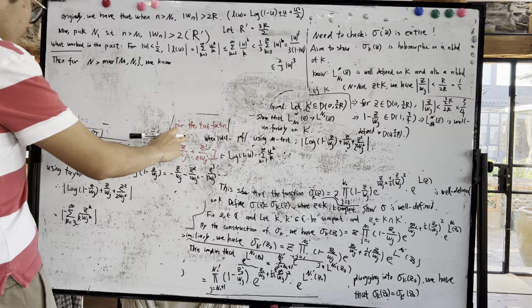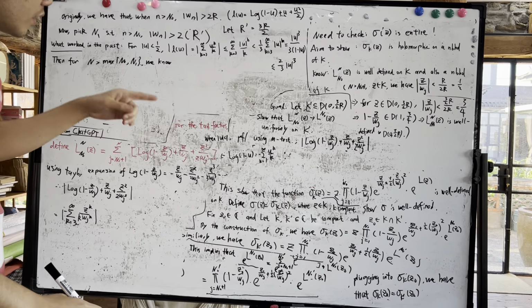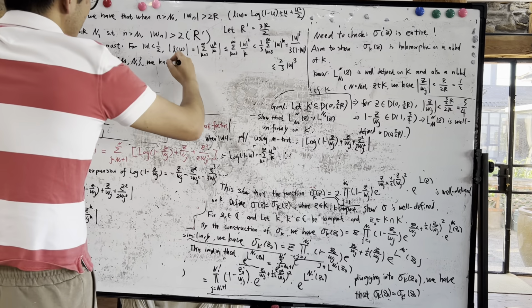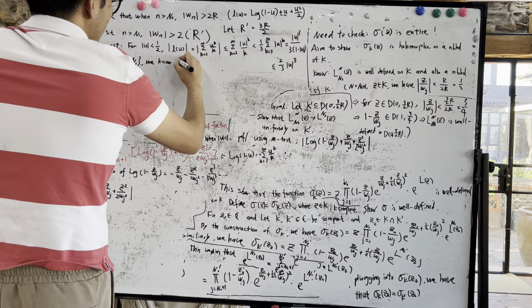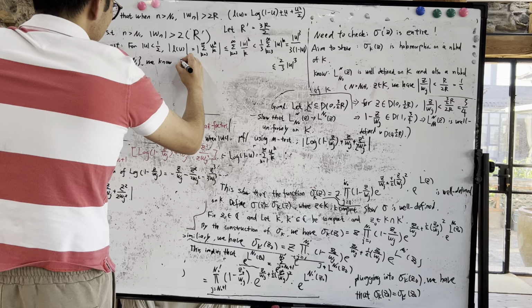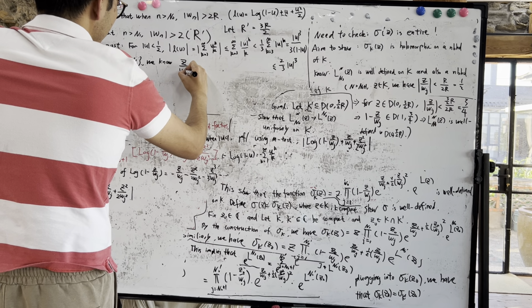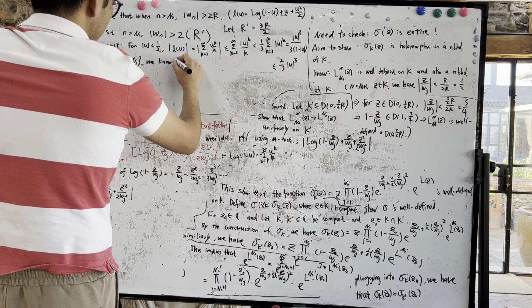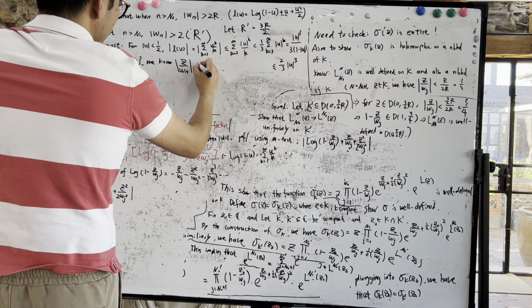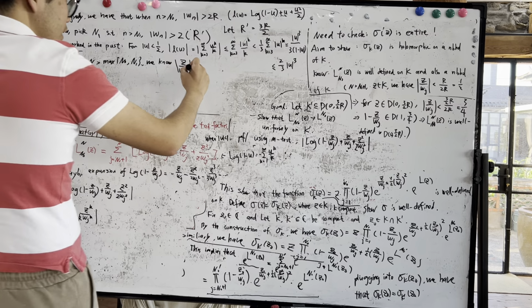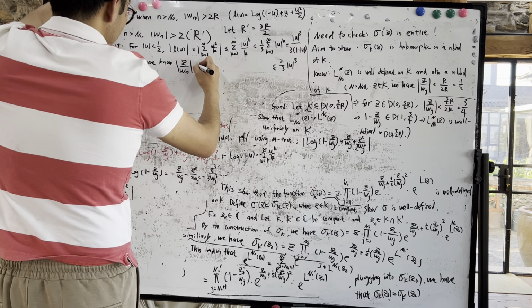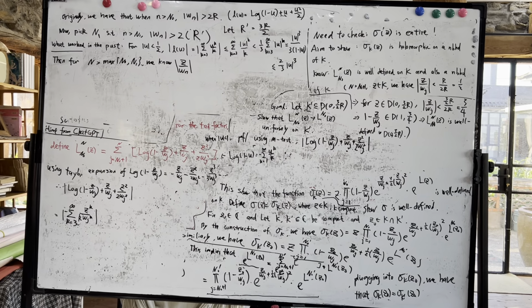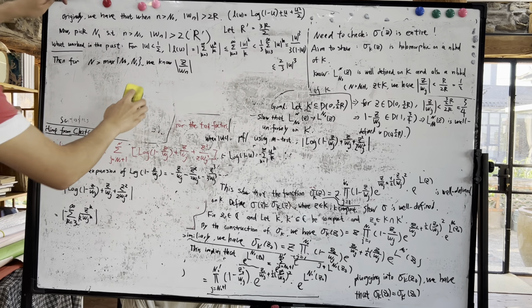So then we have z over omega n, modulus of z over omega n is, so shoot. Let me say it this way.